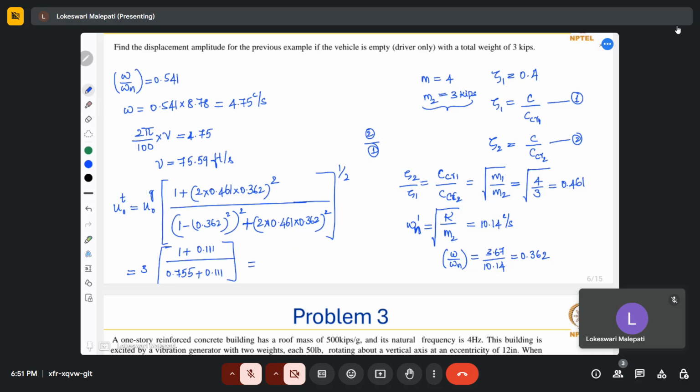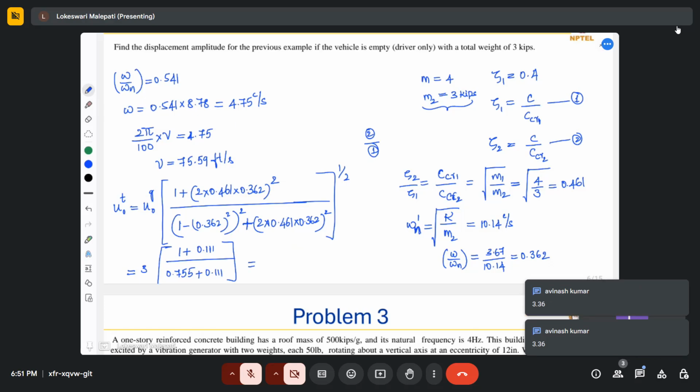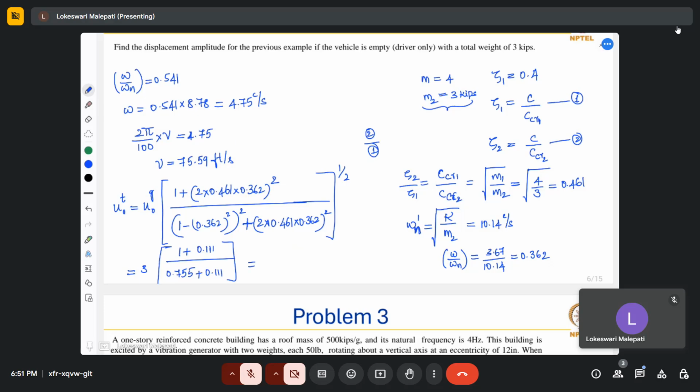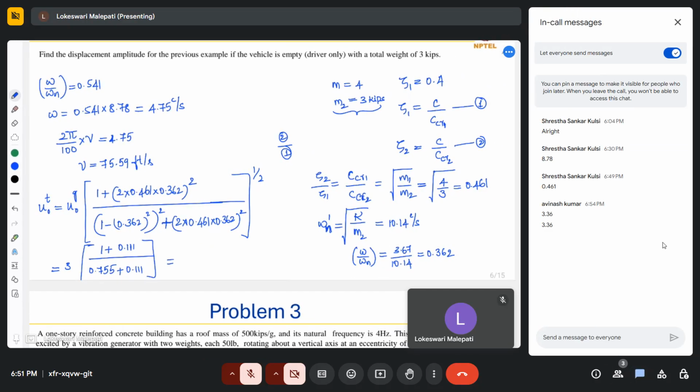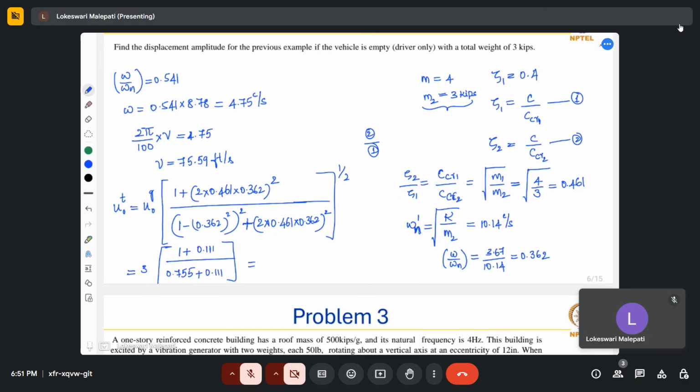So we will get a total value of, okay, I will just check. 3.36.